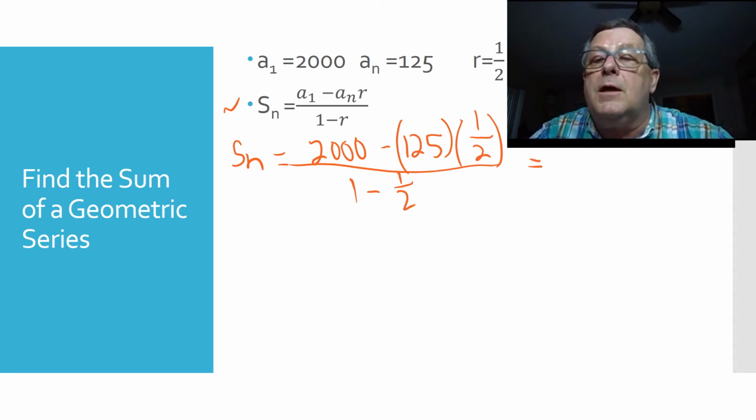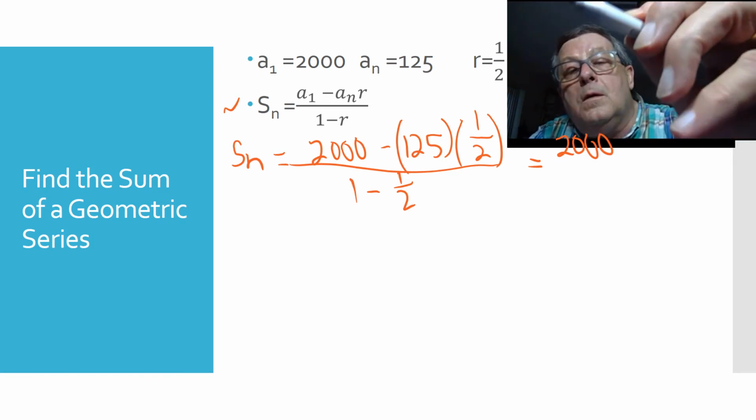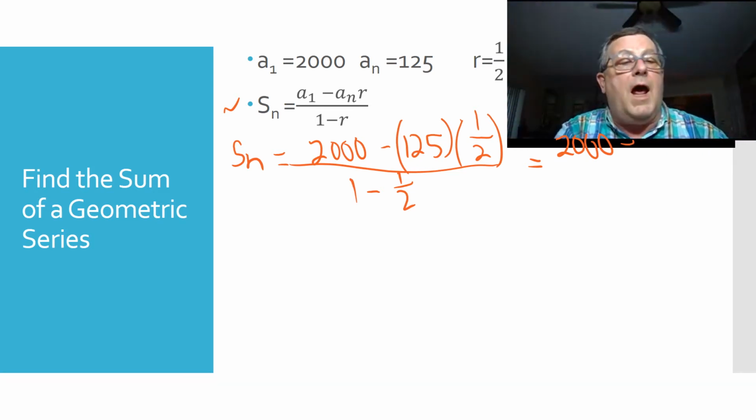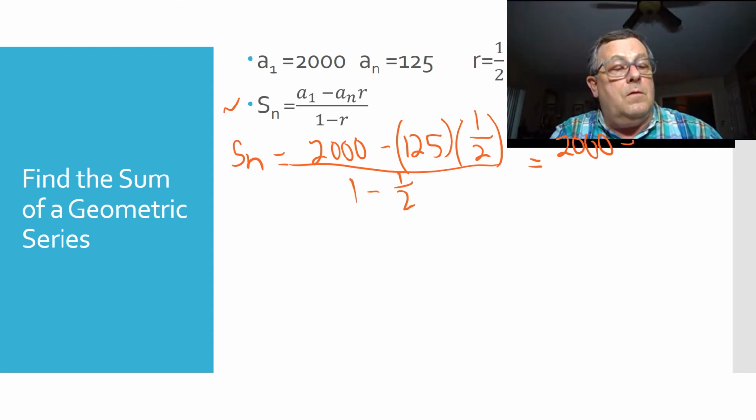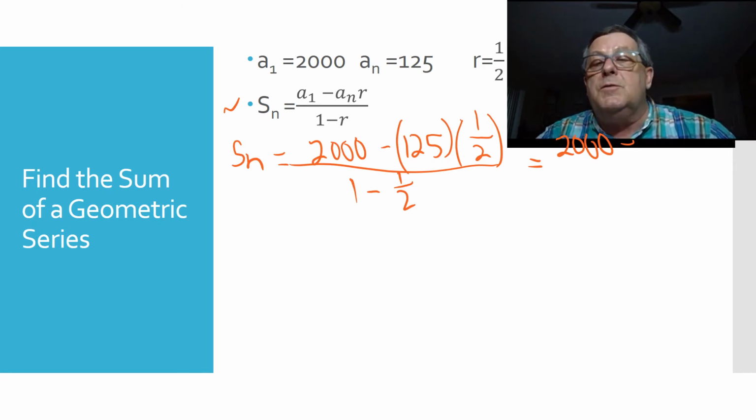Let's see, that's going to equal 2,000 minus 125 times 1/2, which is 125 divided by 2. Converting that to a decimal, 62.5.